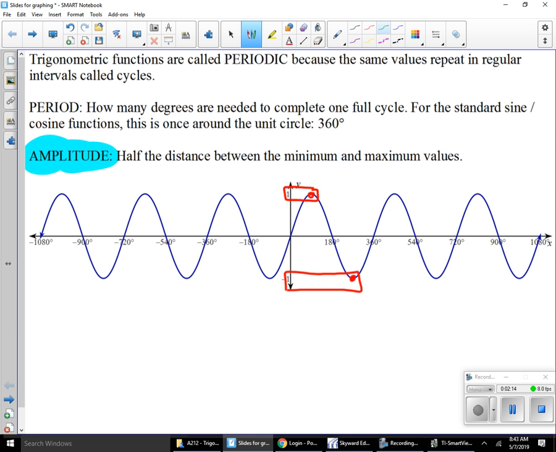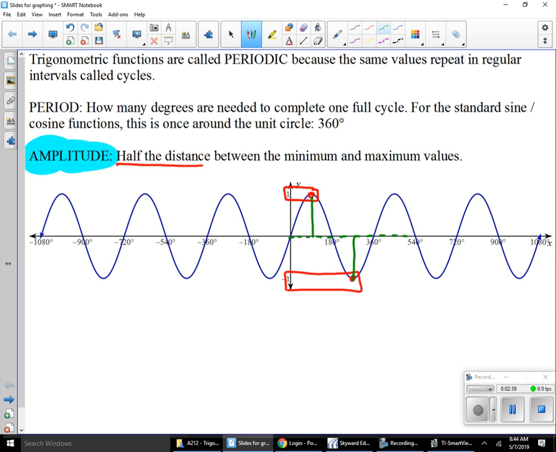So the total distance there is 2. Half of that distance then is 1. All of the graphs we are going to look at will have a nice center line at 0. So really the easiest way to see the amplitude is measuring the distance from the max down to that 0, or from the min up to that 0. So in our parent function, that amplitude is just 1.